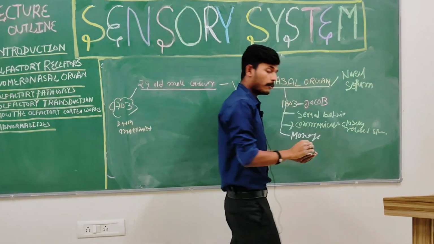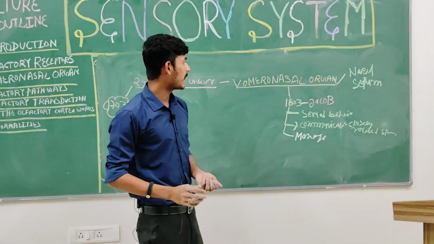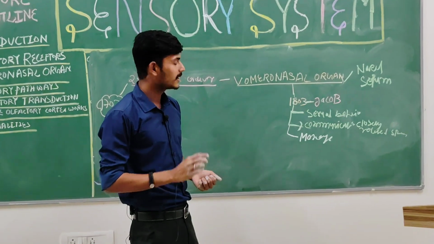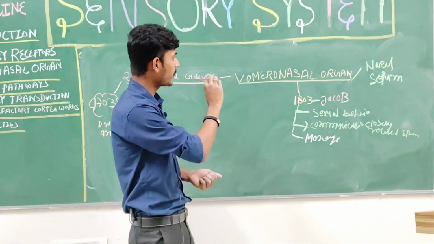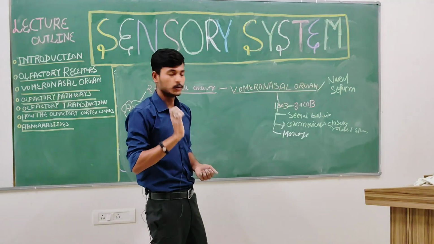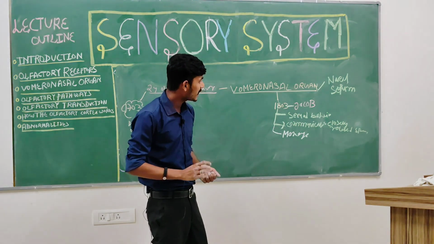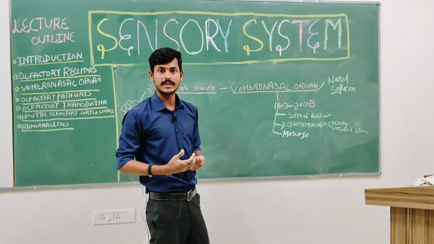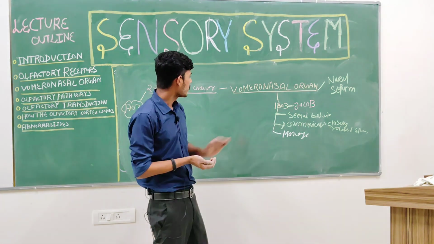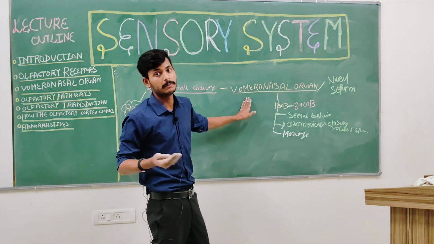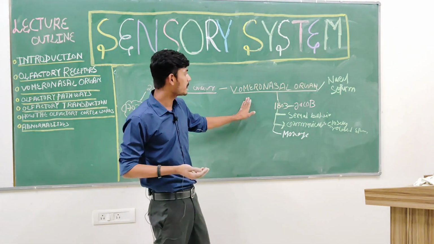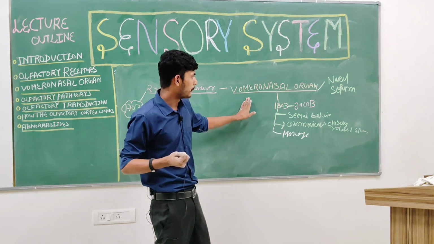Now, modern CT scans and MRI clearly show there is a presence of these vomeronasal organs in humans, but they are sometimes genetically determined. They may be present or they may not be present.